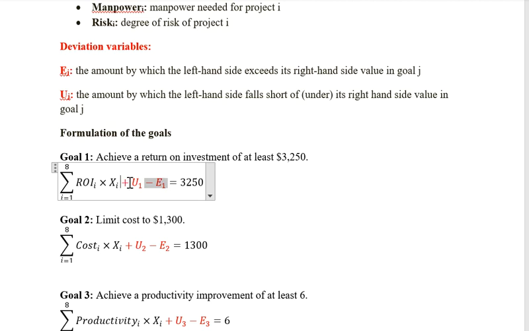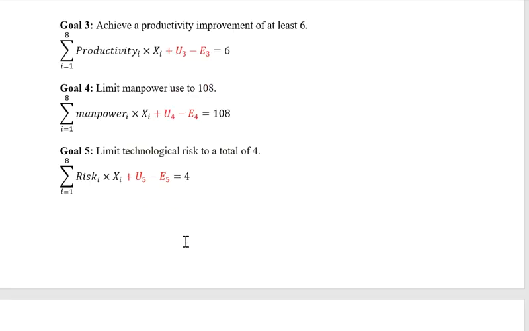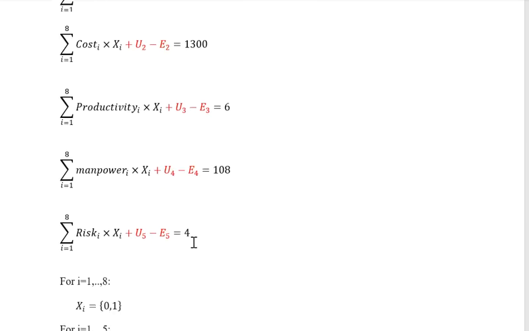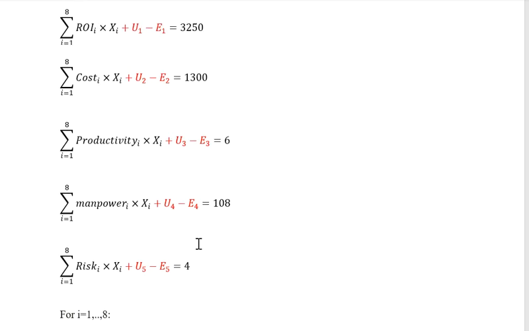So we add the shortage and we subtract the excess, and replace the greater or equal or smaller or equal signs by an equal sign. We do this for all constraints, and we end up with this model. Okay, now for the objective function.